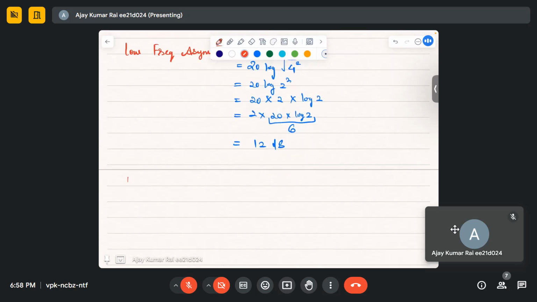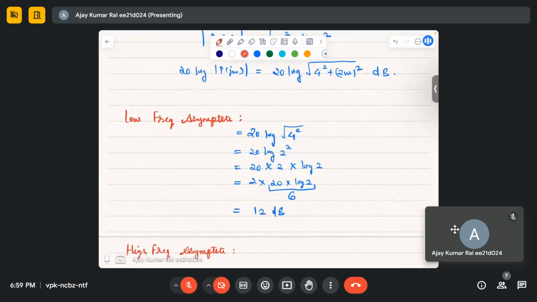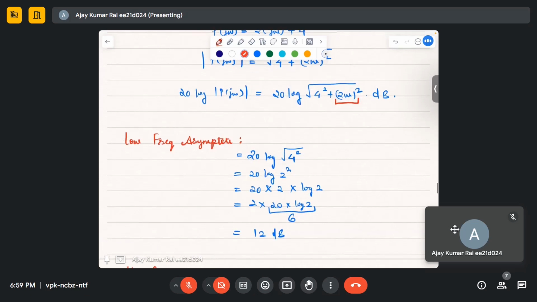And let's find the high frequency asymptote. Now this term is very much larger than 4 square, since we are talking about very high frequencies.